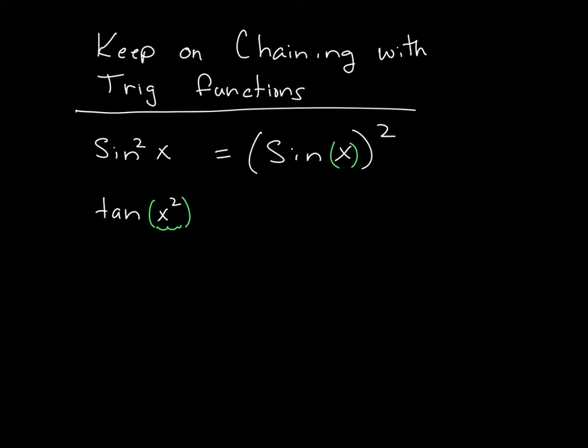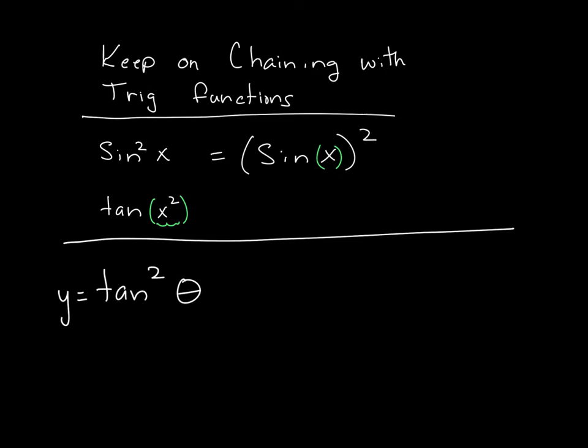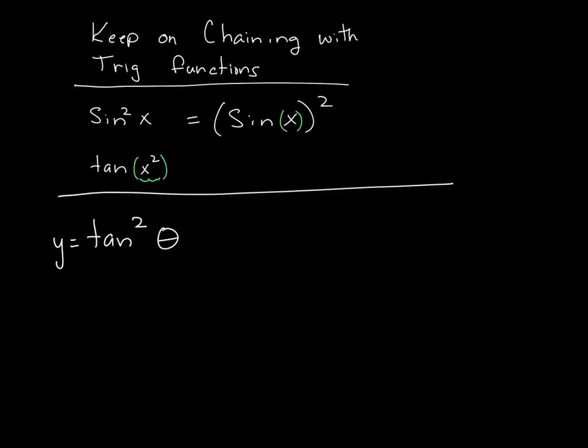And the first example that I want to use with this today is if I have the tangent squared of theta. Now, we can actually do this two different ways. The first way is going to be with the chain rule. And again, remember that this means that this is the tangent of theta quantity squared.